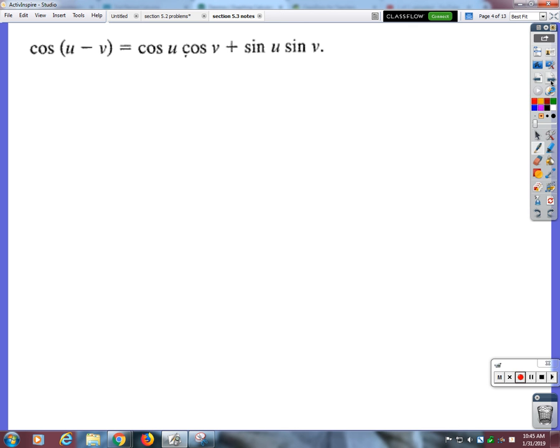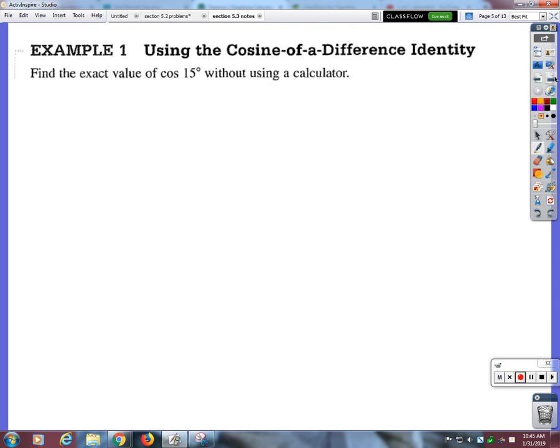Okay? All right, so the reason why that's useful is because let's say that we wanted to find the cosine of 15 degrees and we wanted to find the exact answer, and we were in a college math class and no calculators were allowed. Well, you know 45, 30, and 60, okay?